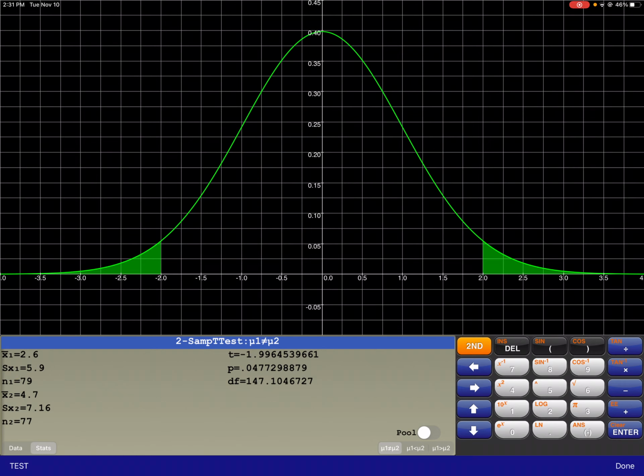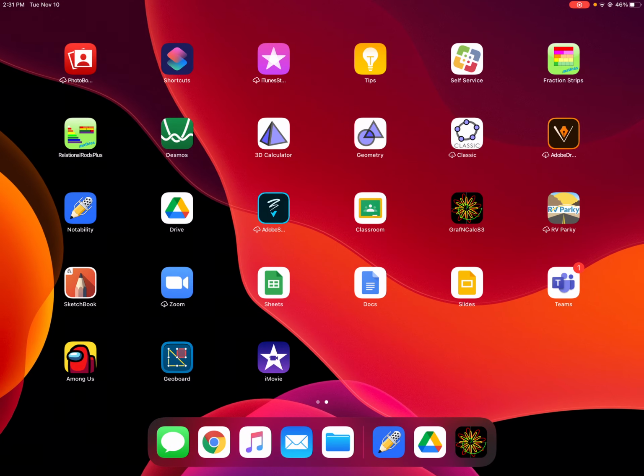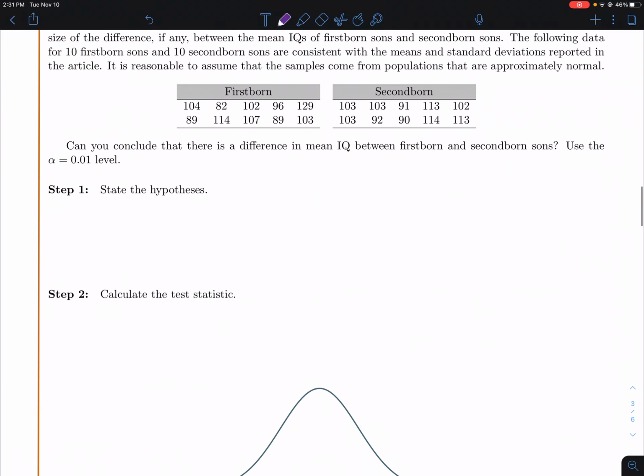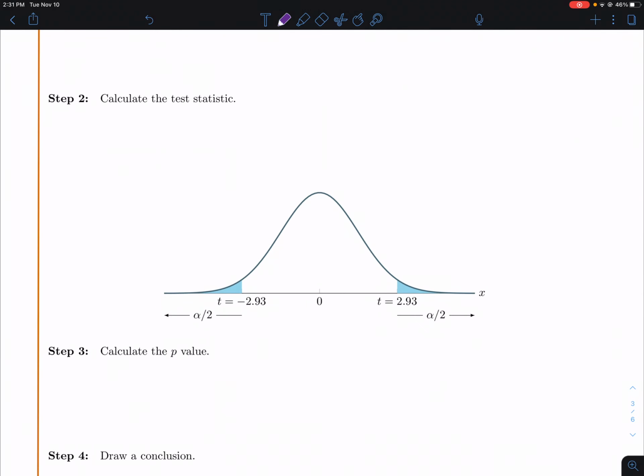So this looks good. It can be a little tricky, so just be careful. I've tried to make it a little bit easier on you by finding the degrees of freedom for all of these. The fact that you've got the t-score here means that you don't have to actually find the degrees of freedom.